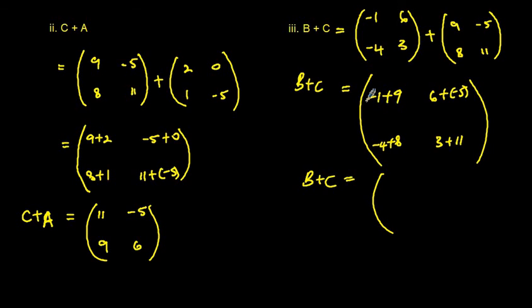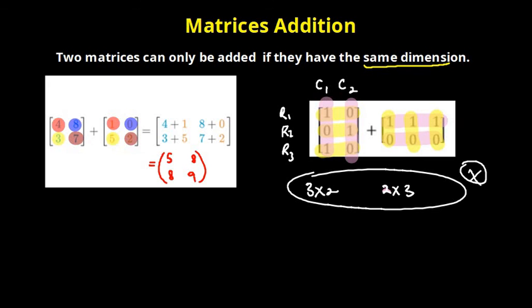So be equal to minus 1 plus 9 gives us a positive 8. 6 plus minus 5 is basically 6 minus 5, which is 1. Minus 4 plus 8 gives us a positive 4. And 3 plus 11 gives us 14. Alright, so if you notice, we basically just add corresponding elements in the matrix.